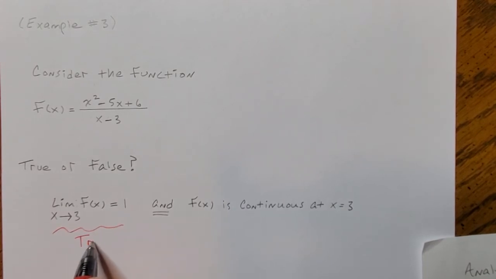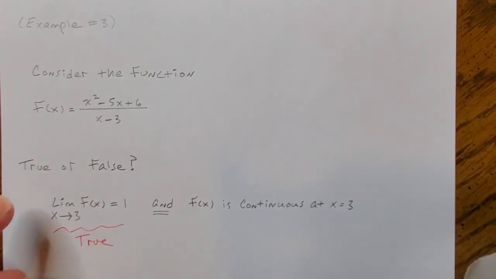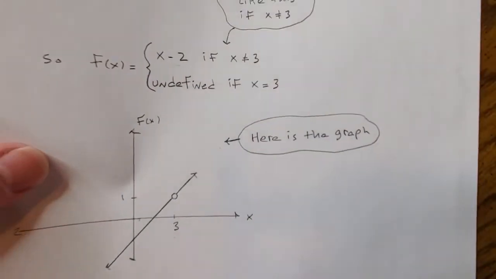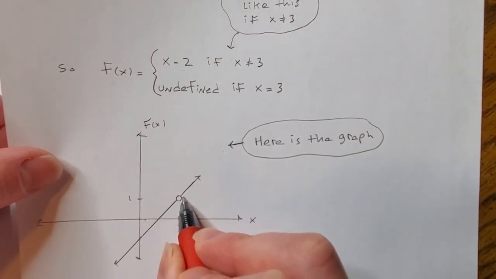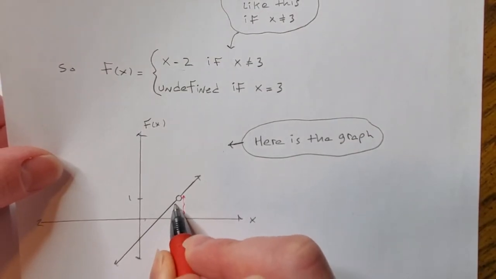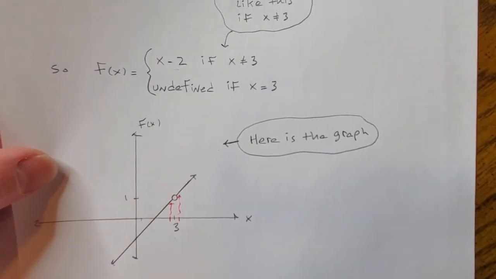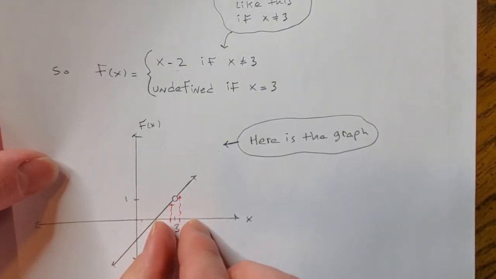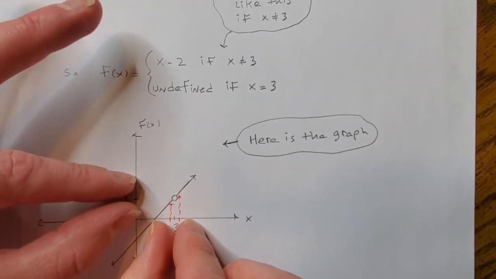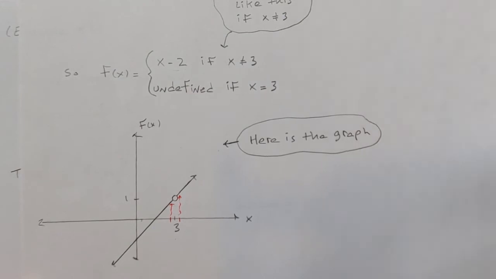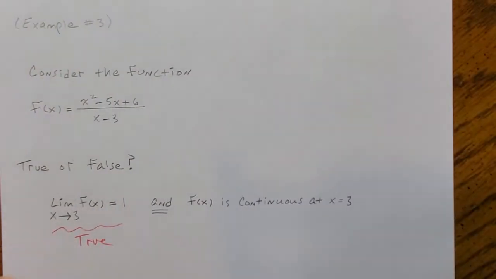If I was just asking you that and I wasn't having an and statement, that would be true. Yes, as x is close to 3 from either side, that will put the y as close as you want to 1. The closer the x gets to 3, it's going to squeeze the y close to 1 around that point that's missing. Okay? So that's true for sure.